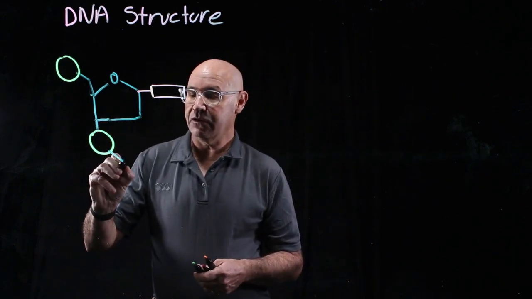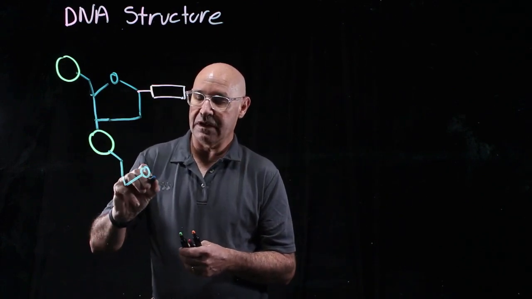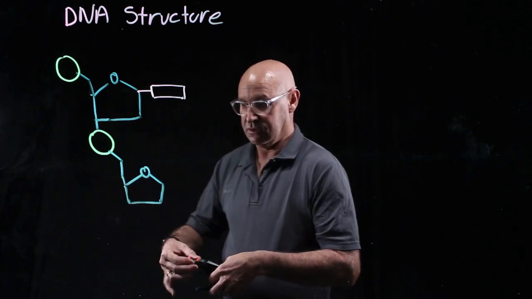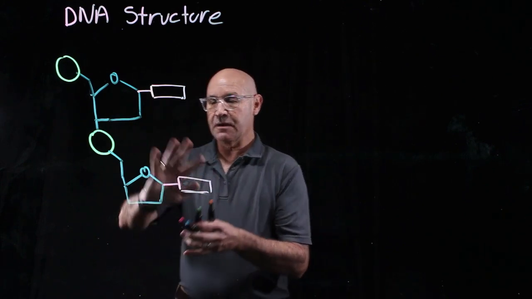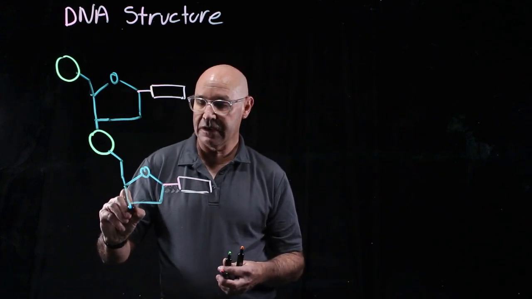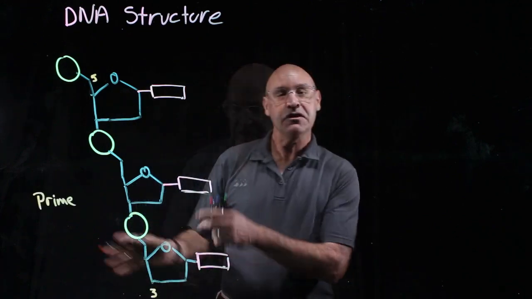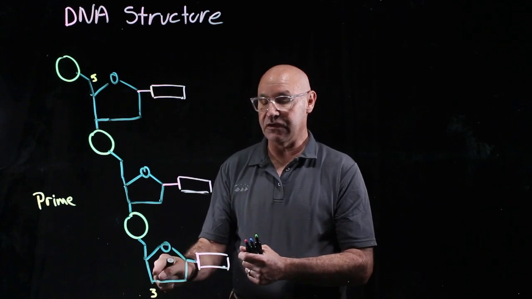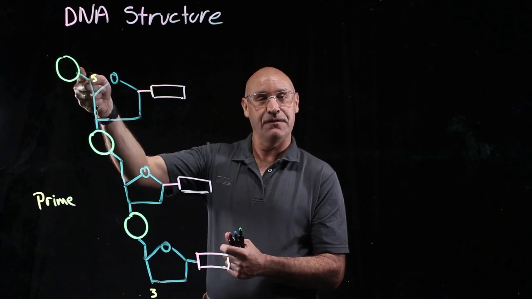So now we can go ahead and just replicate as best I can. Then we've got our second nucleotide, and of course our next one is going to come off carbon 3, then we'll have our phosphate. I've just labelled a couple of our carbons here. Down here, this is the 1, 2, this is the third carbon. And then up on this one, 1, 2, 3, 4, that's our 5th carbon.